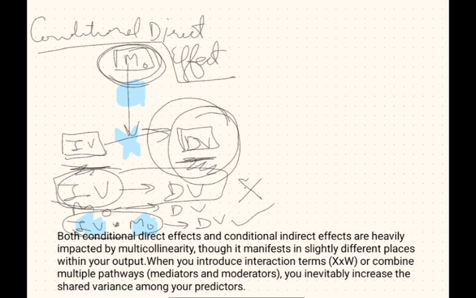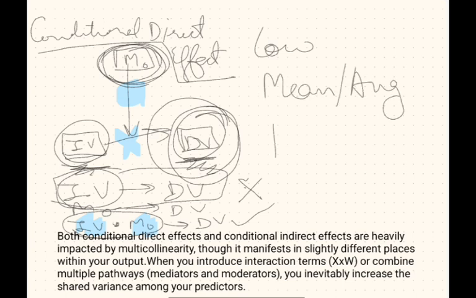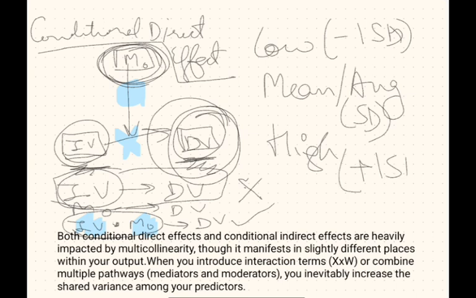You don't just test the effect of independent variable on the dependent variable on a single level of moderator, rather you test the effect at low level, at mean level or average level, and high level of moderator. Low here means -1 standard deviation, mean means at the mean, and high means +1 standard deviation.